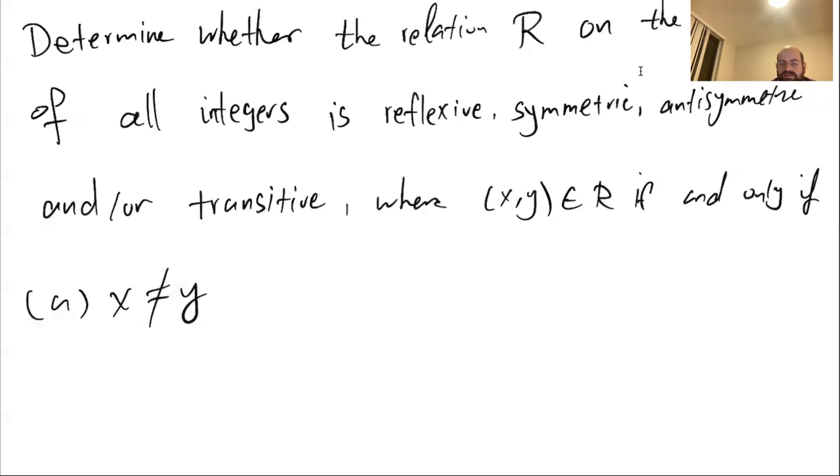The relation R is on the set of integers, so that means x and y both come from the set of integers Z. And we are saying that the pair x and y belongs to R if x is not equal to y, otherwise it's not in R. So for example, 2 and 2 is not in R because 2 is equal to 2. But 2 and 3 is in R because 2 is not equal to 3. So we want to know whether this relation is reflexive, symmetric, antisymmetric, transitive.